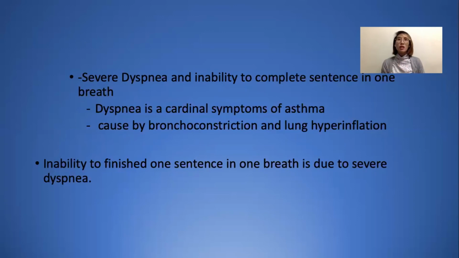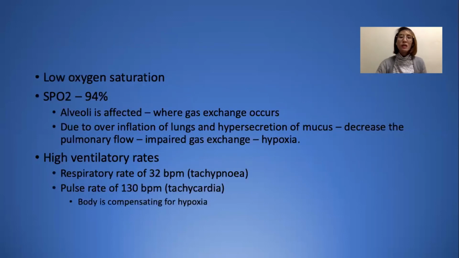So the inability to finish one sentence in one breath is due to severe dyspnea. As Mr. Smith is experiencing severe dyspnea, which requires enormous effort to breathe, it is hard for him to talk at a normal pace.